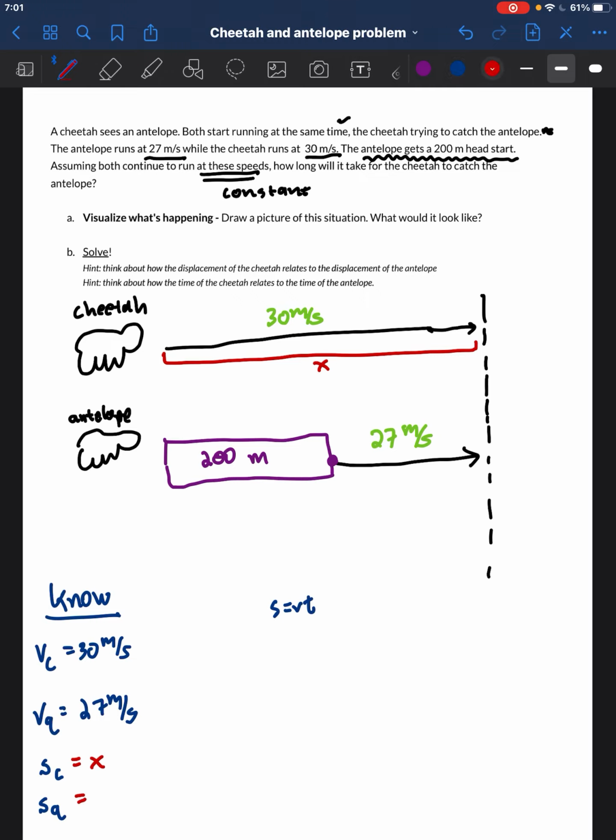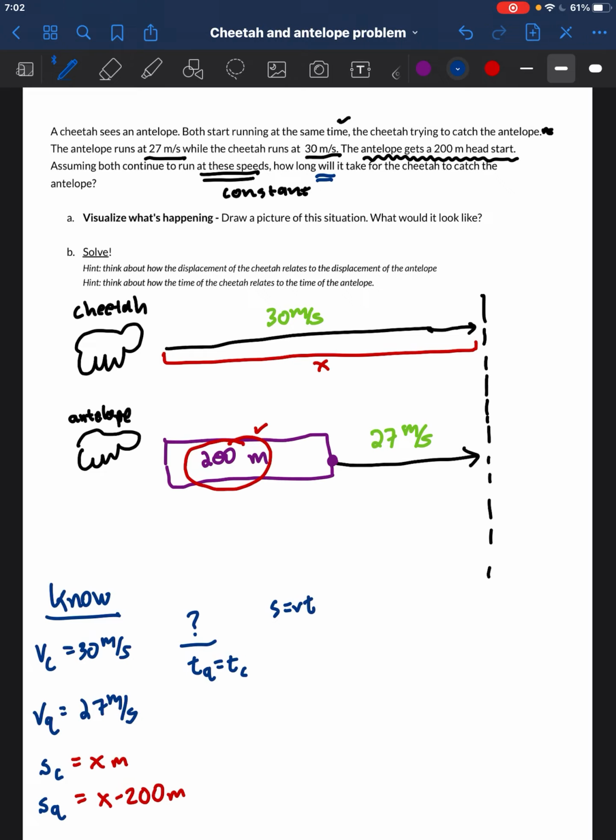What I don't know is time, and that's what I'm looking for. I do know that the time for the antelope is going to be the same as the time for the cheetah, however, because we're looking for how long it will take for them to catch each other. So I'm looking for when those times end up exactly the same.